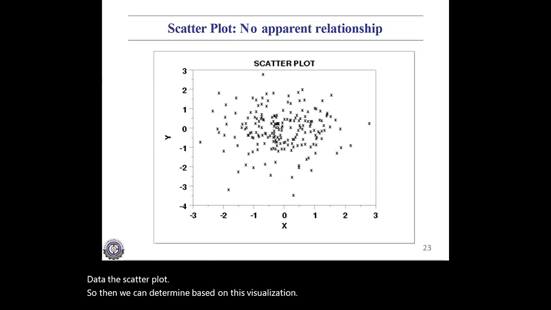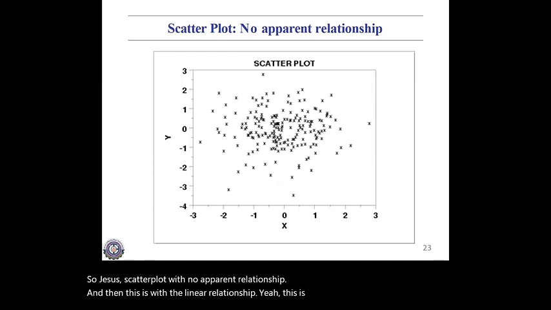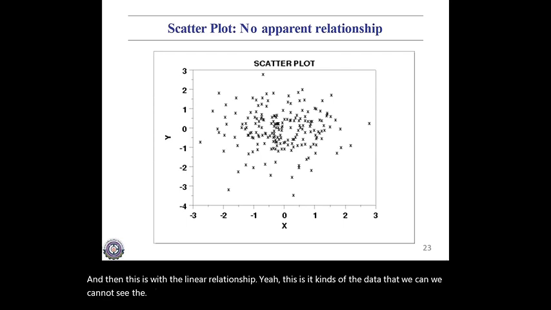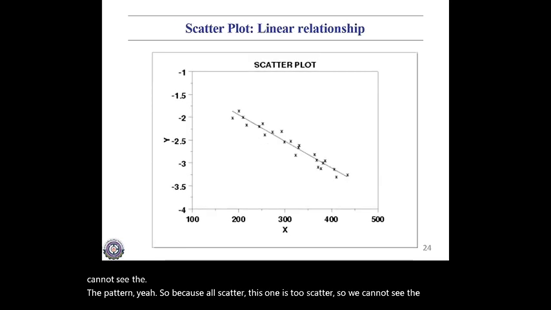So this is a scatter plot with no apparent relationship, and this is one with a linear relationship. In the first, we cannot see the pattern because the data is too scattered.